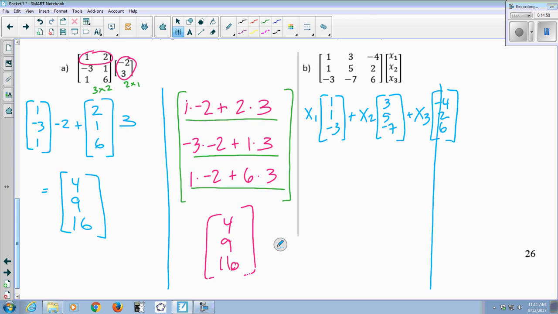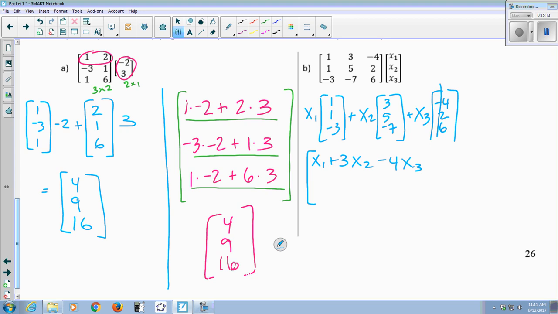Of course, I didn't estimate the room I would need. So that's it. There's nothing else we could do. Well, actually, that's not true. I guess I could multiply by the constants and simplify. So this would say x1 plus 3x2 minus 4x3 is my first entry.